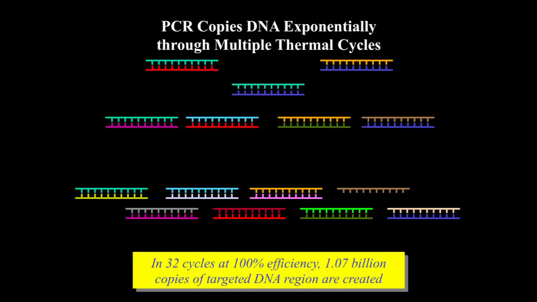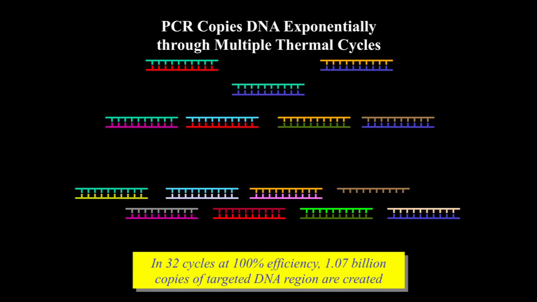The PCR copies DNA exponentially through multiple thermal cycles. And to do this now, fluorescent labels can be added for amplification of DNA from a very small sample. As I've already said, you can't go back and get another sample from either perhaps a suspect or a victim.